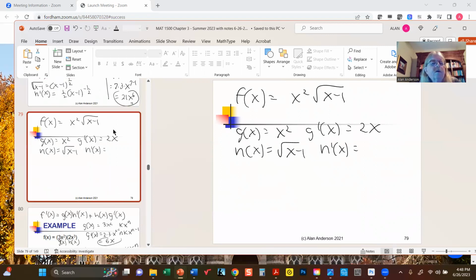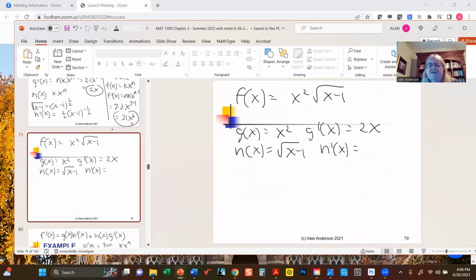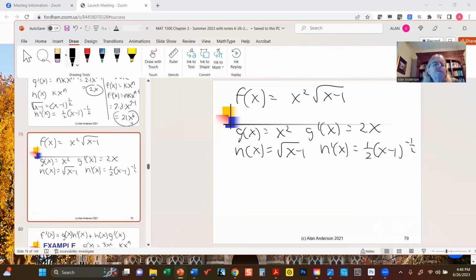So even though we wrote it here as 1/2 x minus 1 to the minus 1/2, what you could do, if you prefer, is rewrite this as 1 over 2 radical x minus 1.